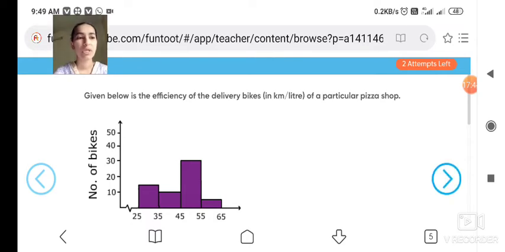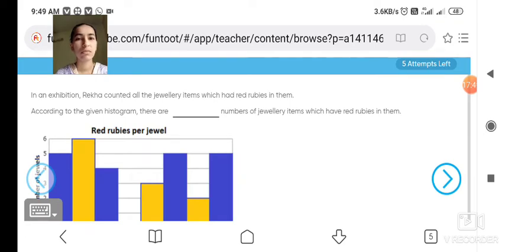histogram. Let's take another. Now in an exhibition, Rekha counted all the jewelry items which had red rubies in them. According to the given histogram, there are dash number of jewelry items which have red rubies in them.